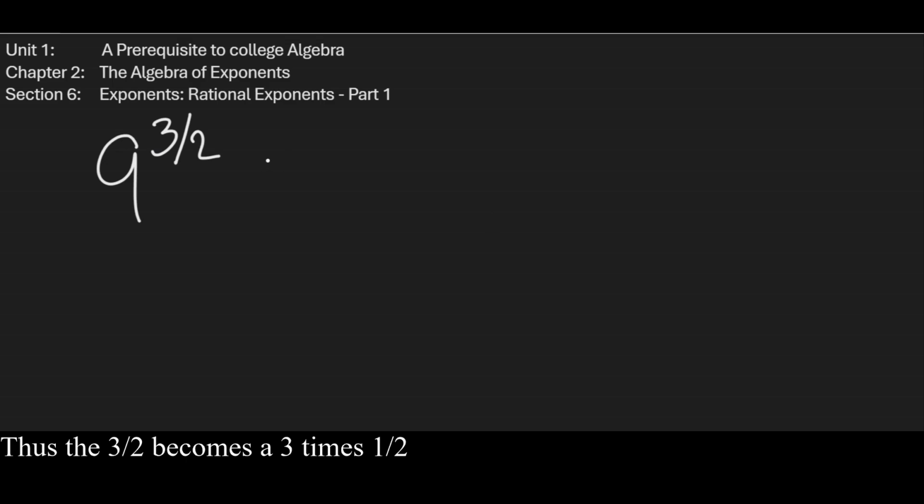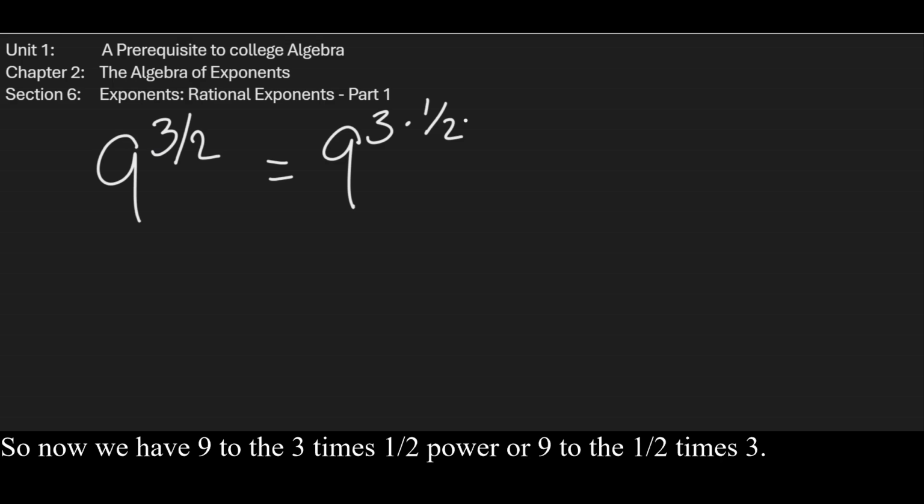Thus, the 3/2 becomes a 3 times 1/2. So now we have 9 to the 3 times 1/2, or 9 to the 1/2 times 3.